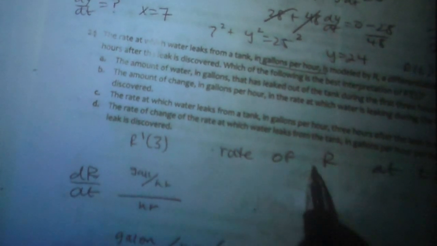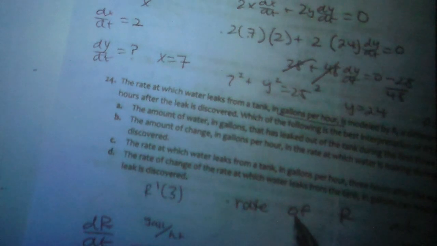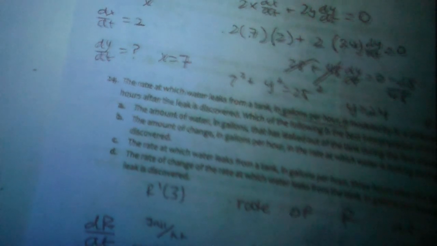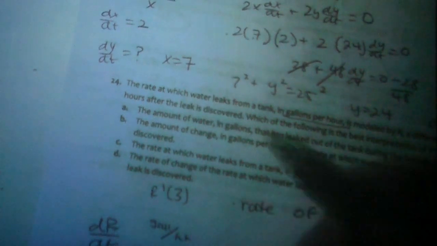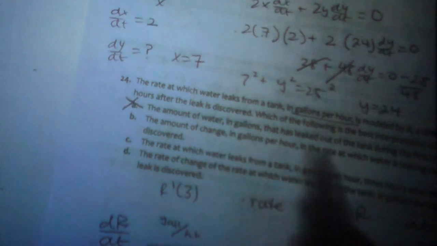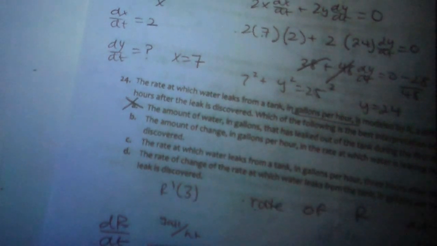So see how our units are actually going to be gallons per hour per hour. So the rate at which r is changing in gallons per hour at t equals 3, and r is the rate at which the water leaks from the tank. So the rate at which the water leaks from the tank in gallons per hour at t equals 3. The amount of gallons, no, definitely not. The amount of change in the rate, 3 hours.